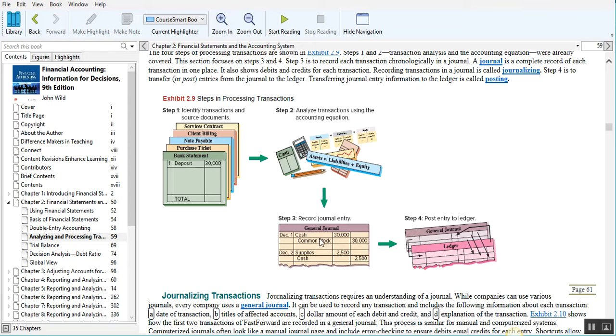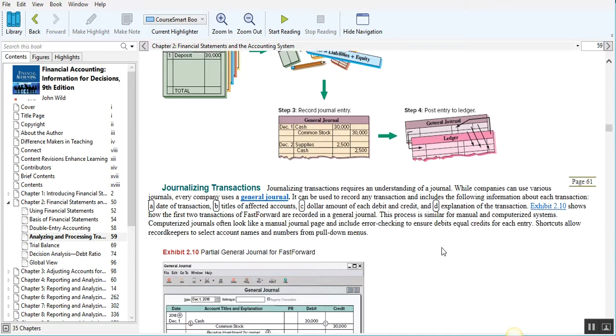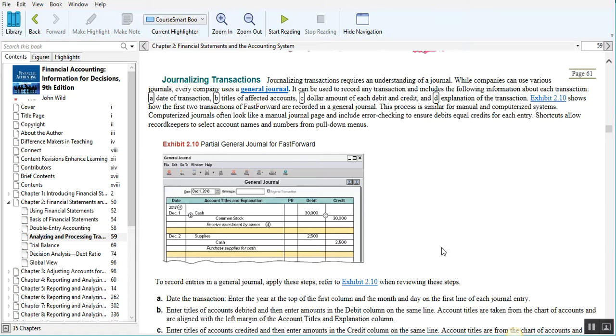And then you record the journal entry, and from there you post each of these items into the ledger account. Journalizing entries basically means that you're putting these in a book of original entry. That's what the general journal is known as. And you're going to enter at least a debit and a credit for everything.